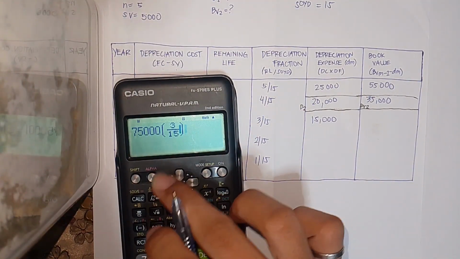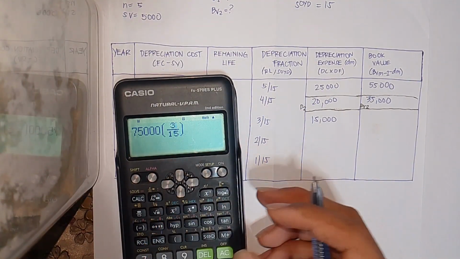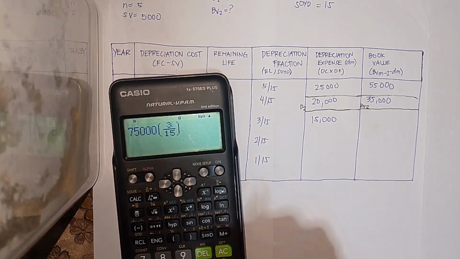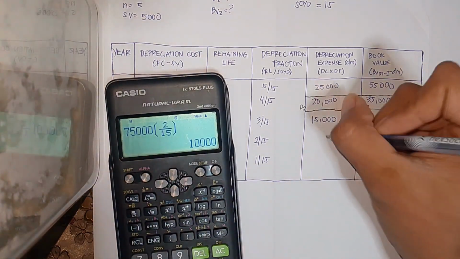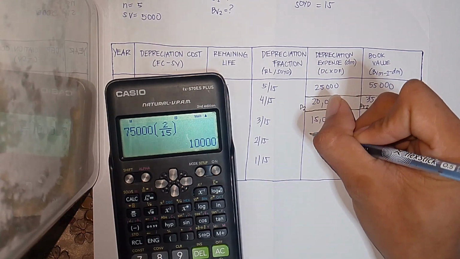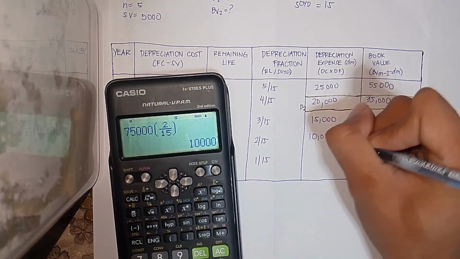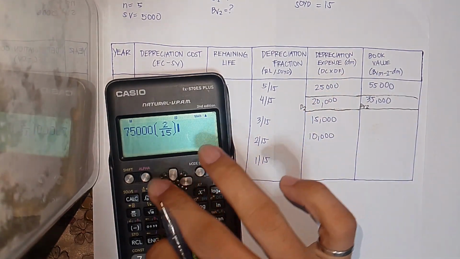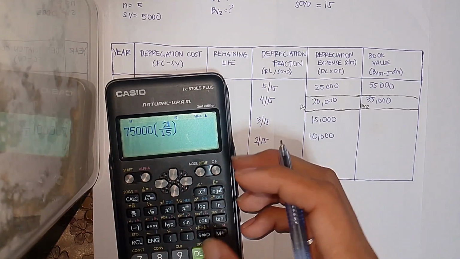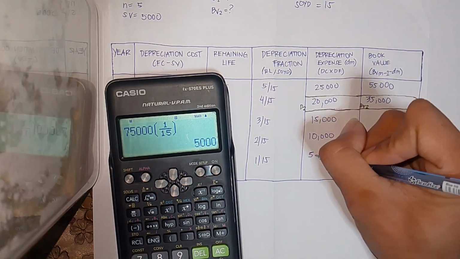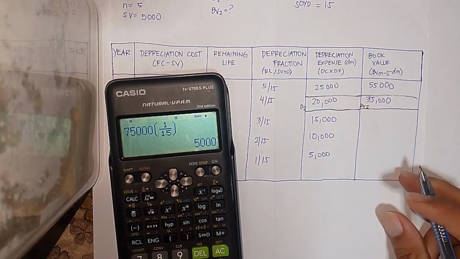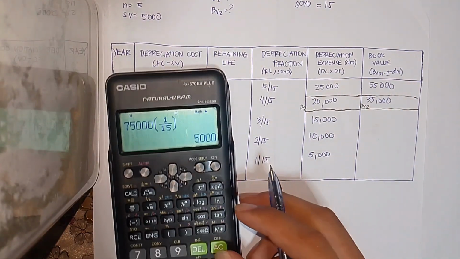Next is the year 4. Substitute the numerator, 2 over 15. So our depreciation expense for year 4 is 10,000. And the last year, the 5th year, 1 over 15. So 5,000.